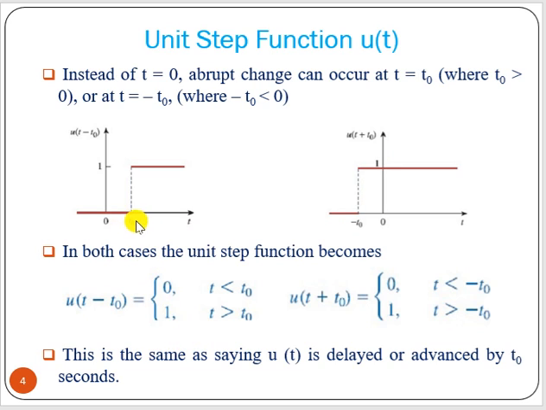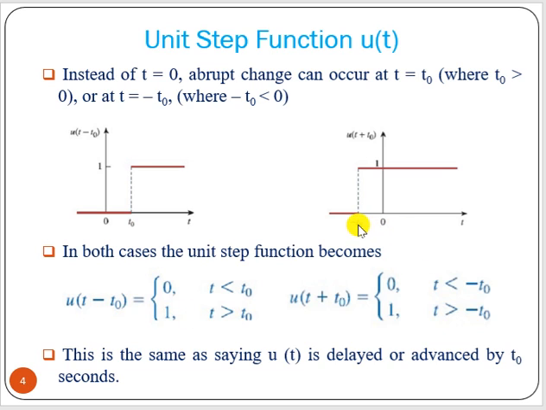So the change is at t0, not at t equal to 0. Then it will be 0 for t less than t0, and 1 for t greater than or equal to t0. So t minus t0 equal to 0 means t equal to t0, it is starting from plus t0. You can write this as u(t minus t0).